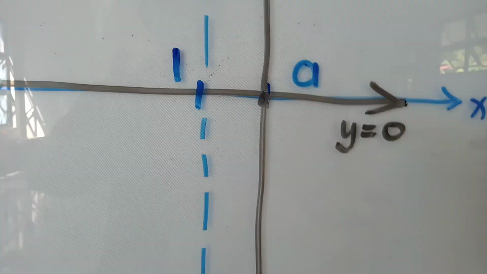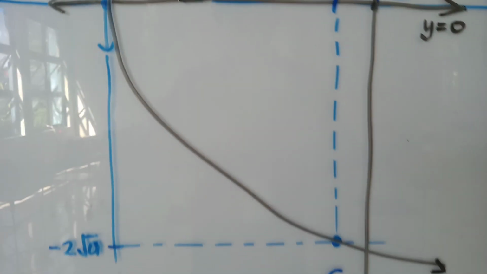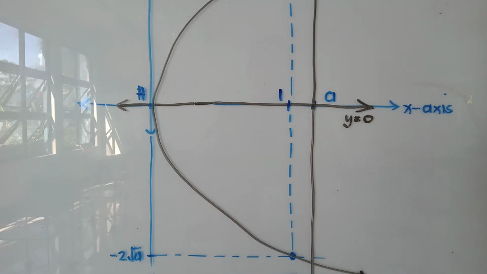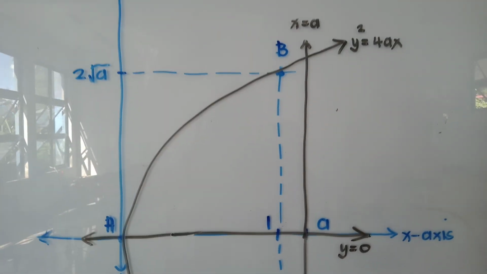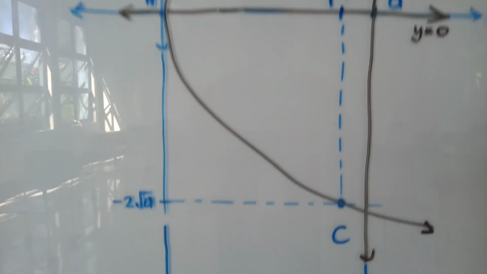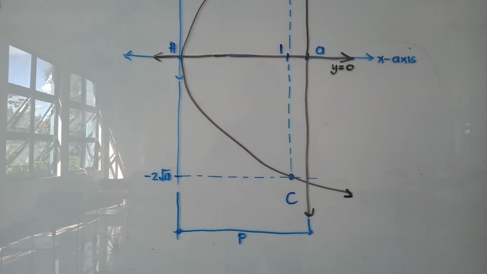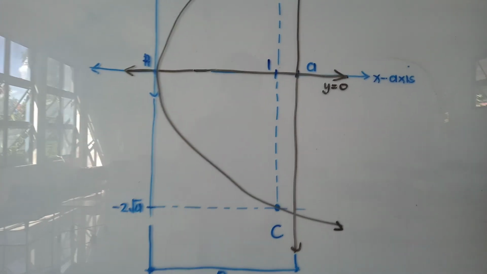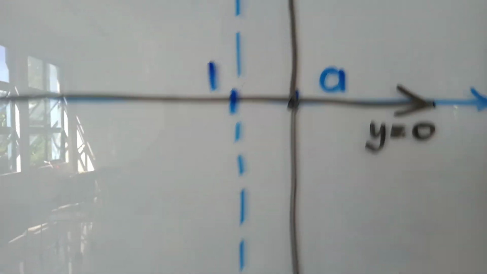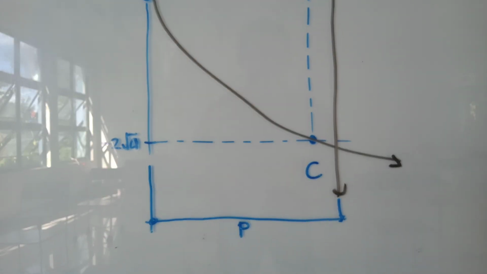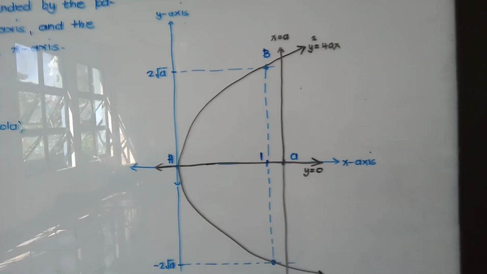It may be after 1 or before 1, as long as it is labeled as a, and therefore the equation of that line is x is equal to a, and that is the distance between the vertex and the focus. So this is the focus of our parabola. It should be equal to p, or in this case it's going to be equal to a.